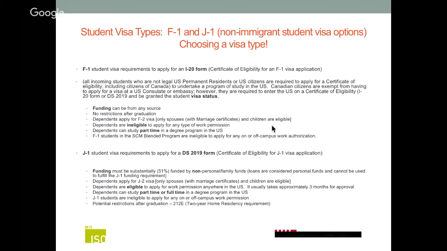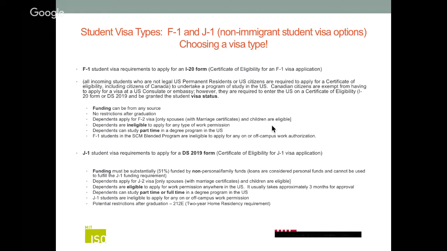The good thing about it is the J2 visa holder, the dependents, the spouse, for example, could apply for work permission. Unfortunately, it's not very practical for your short program because it takes 3 months to get the work permission, and the program is only 5 months long in total.